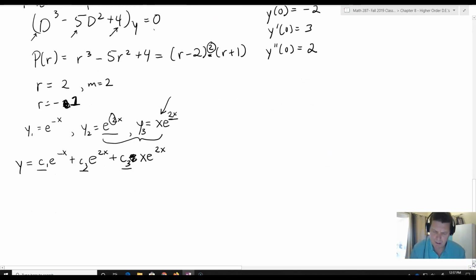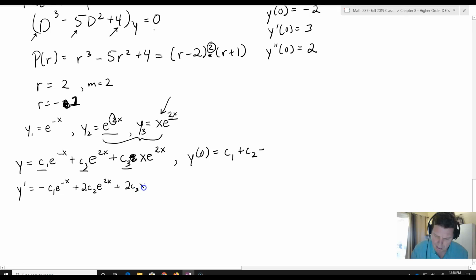I have y of 0, and I know that y of 0 will equal simply c1 plus c2. Y prime is going to equal negative c1 e to the negative x plus 2c2 e to the 2x plus 2c3 x e to the 2x plus c3 e to the 2x.